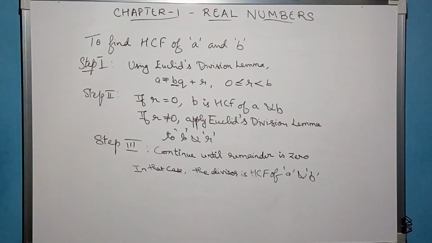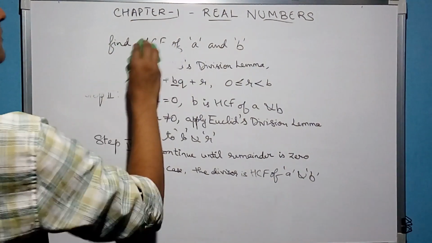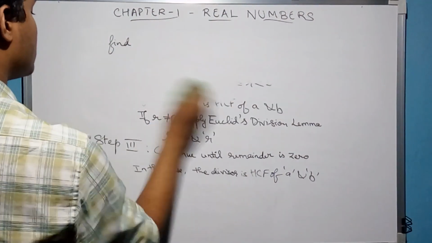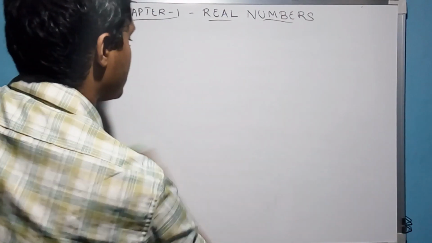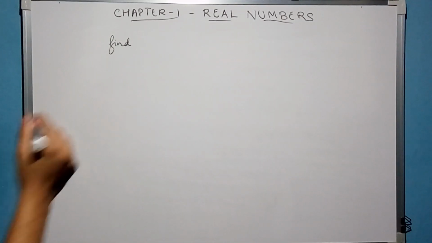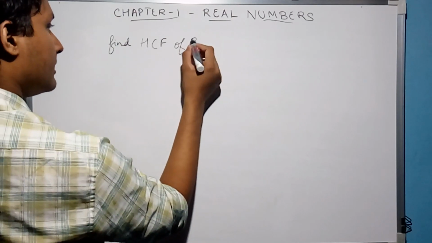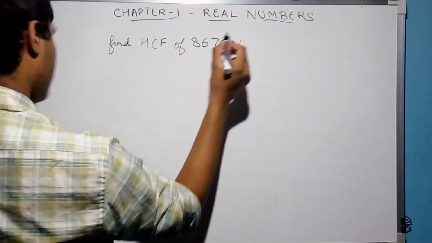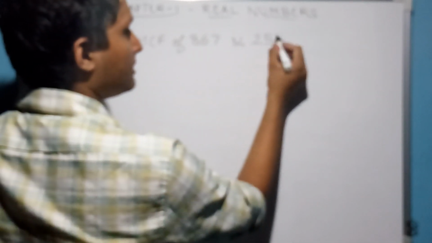For this example, you need to find the HCF of 867 and 255. So how do you need to find this?